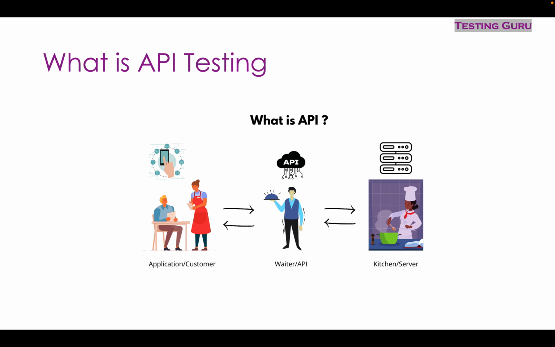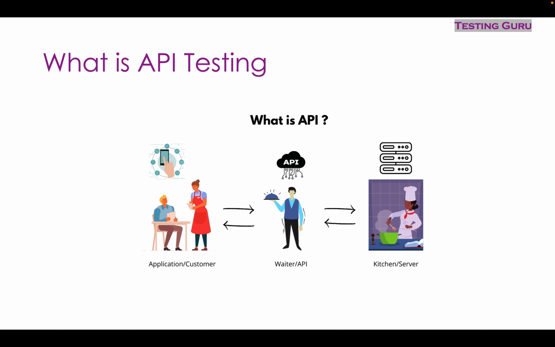As said above, the chef is what we are considering as the server. He prepares the food and gives it back as a response, and it is given to the customer. That's how the API works.